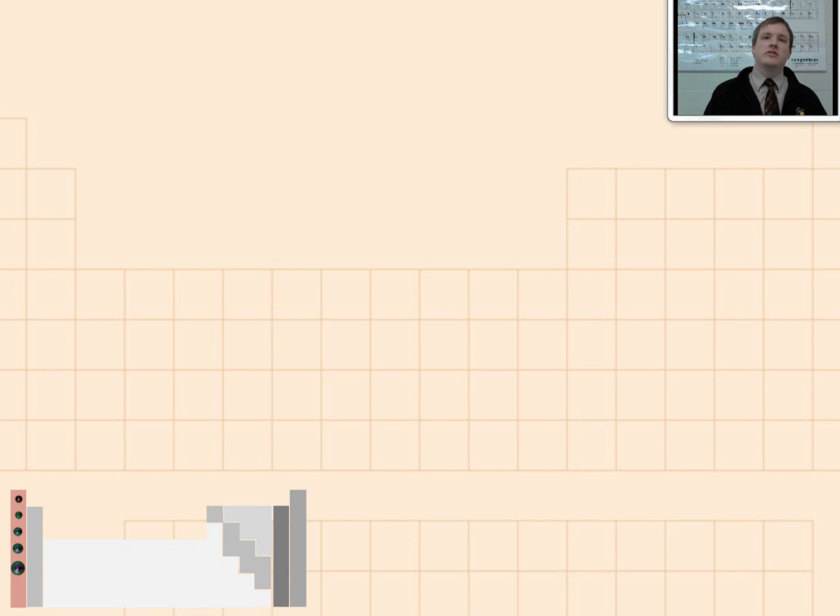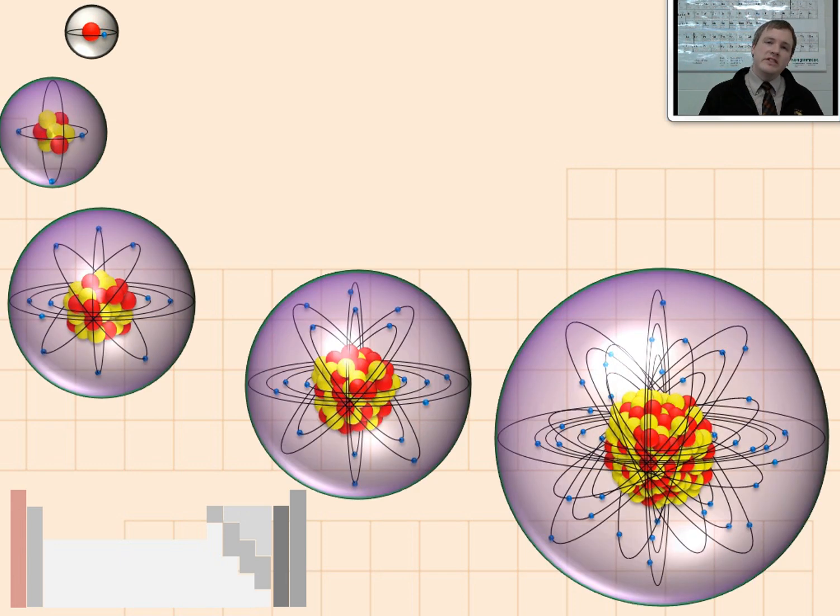Well, here's something interesting about the elements on the periodic table. The characteristics of the elements aren't determined by the number of protons, even though, remember, the number of protons is what gives an element its identity. The reason an element has the characteristics that it does is because the protons attract a certain number of electrons in a characteristic way.